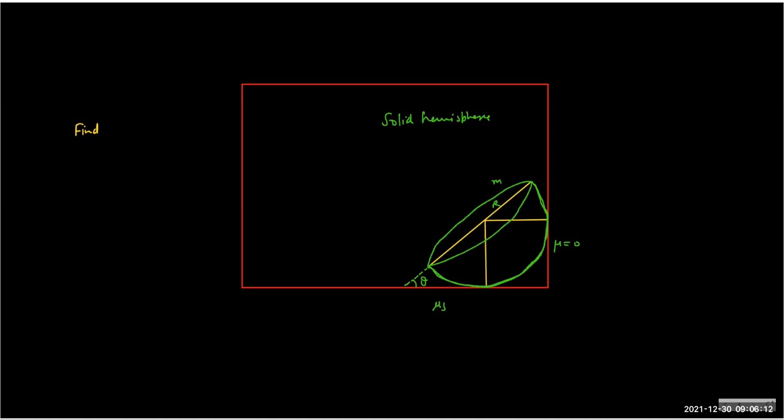Let's say theta is given to you, and now we have to find the minimum value of mu s to keep the body at rest. So I hope the question is clear. If you want, you can try for a while, maybe 2 minutes.